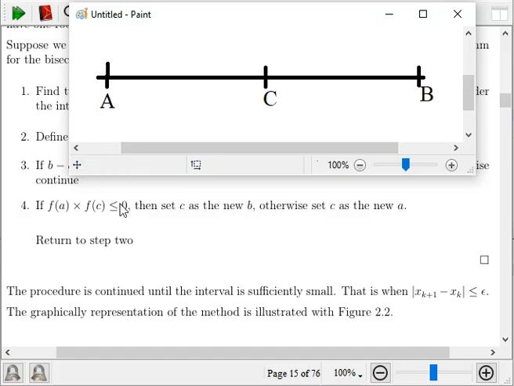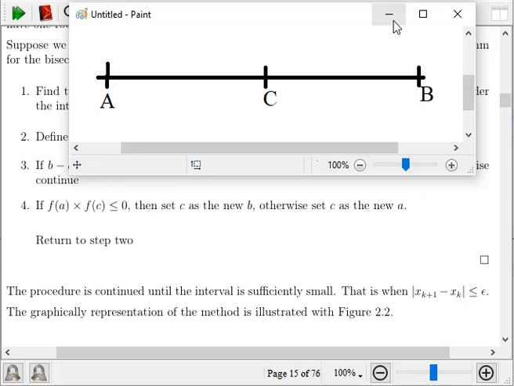Otherwise, if it is greater than 0, the root lies here, which means this C becomes our new A. We then have the interval AB and start the iteration all over again.